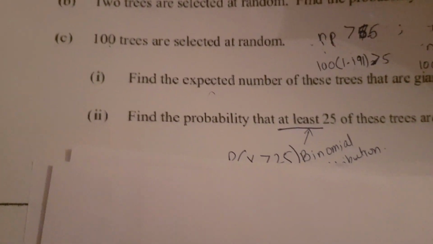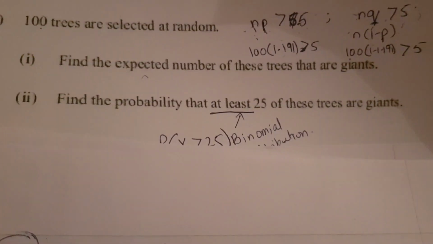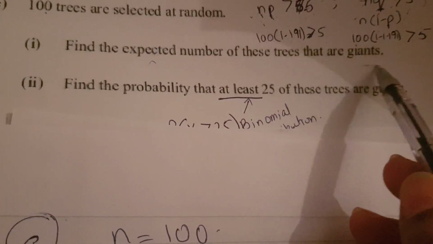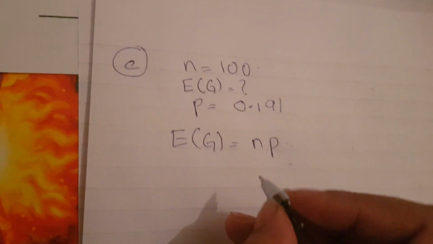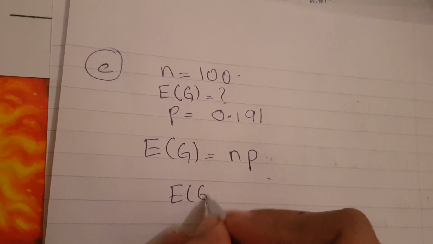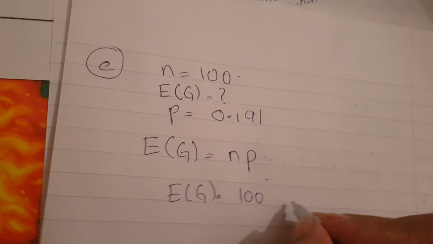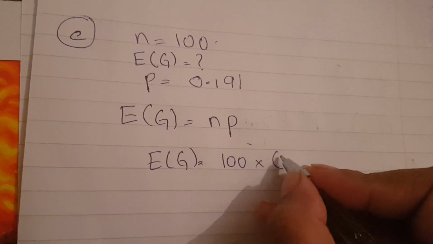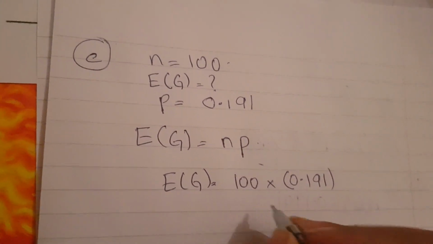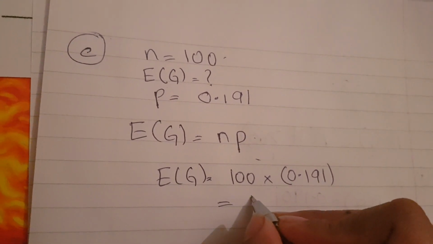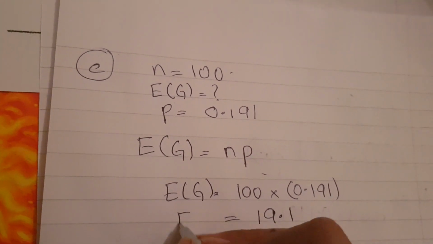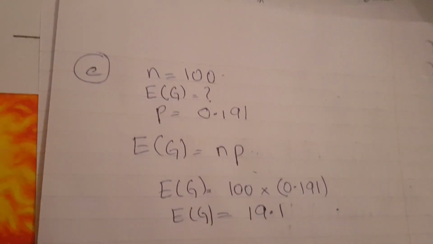So right now it's 100 trees, so N is 100, and they are telling you it's a giant tree, so you will use the probability of giant tree. N multiplied by P: the expected number is 100 multiplied by 0.191, which is actually 19.1. That is C1.